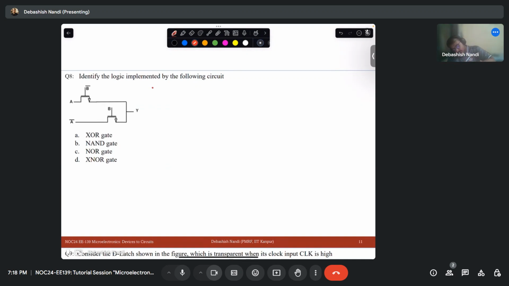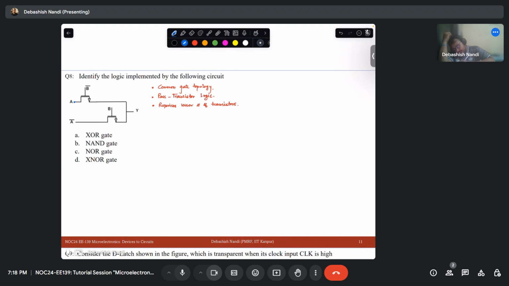A few points to note: common gate topology, pass transistor logic, requires a lesser number of transistors.